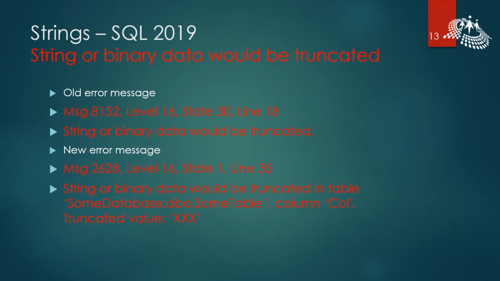But now Microsoft team did a great job in SQL Server 2019, because this error message is changed, enhanced. So now we know some basic parameters of the error. For example, the database, also the table in which the insert error occurred, the destination column name, of course, and finally the value, or the part of the value that was the cause of this error, for example, XXX.